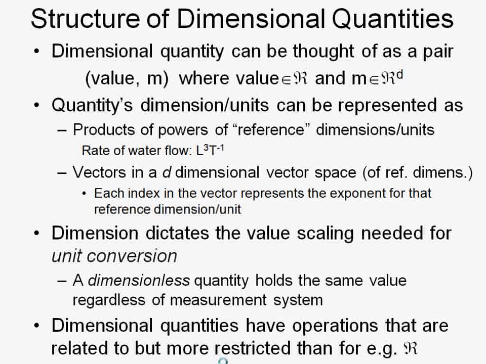Okay, so dimensional quantities. Quantities that we measure from the world, or that we believe represent things in the world, or are used to describe how things are in the world. Think in simulation, for example. They can be thought of as a pair, where we have the value. This is a value from real numbers.